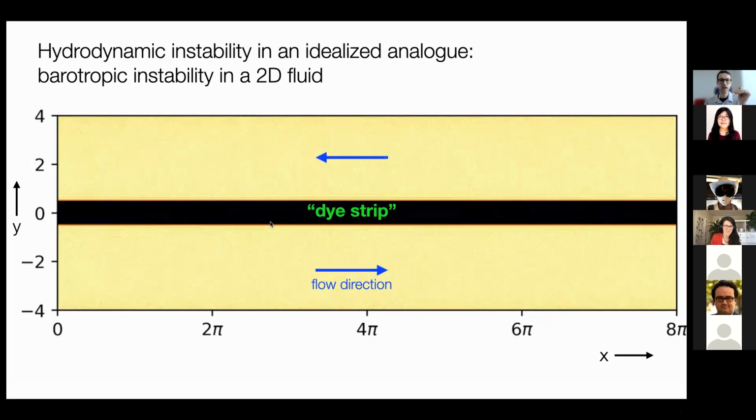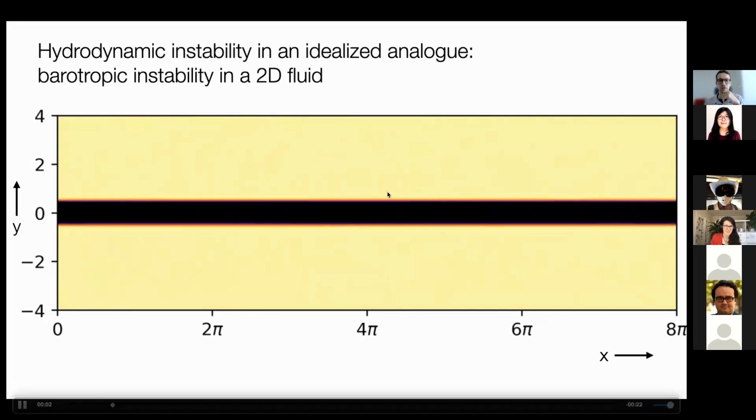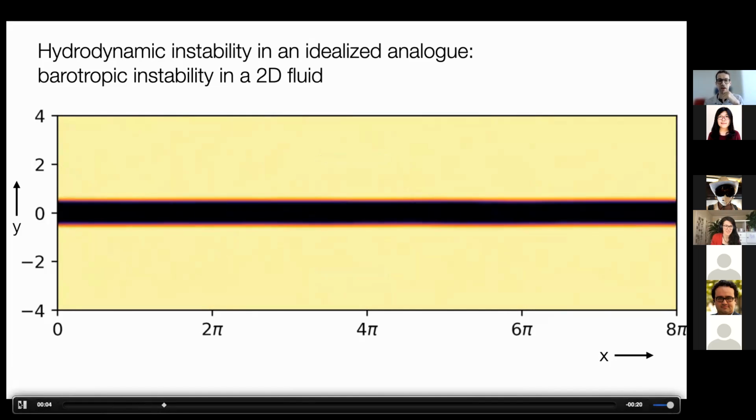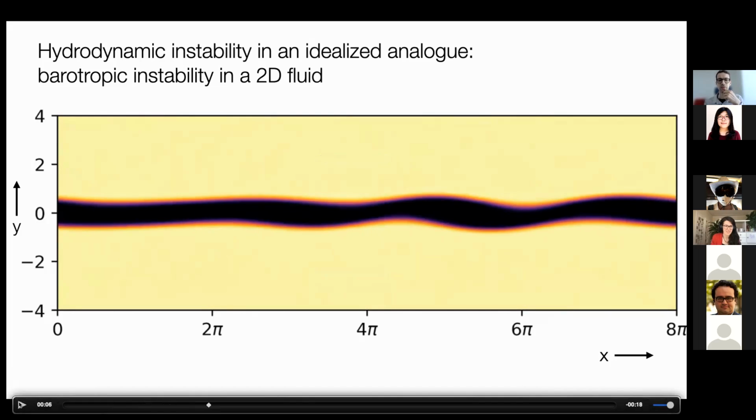And it turns out that one of those wavelengths amplifies faster than all the others. And it's this wavelength right here, where you can fit 3 or 4 waves in this domain. So that means there's a particular wavelength of a disturbance that's growing more rapidly than the others.